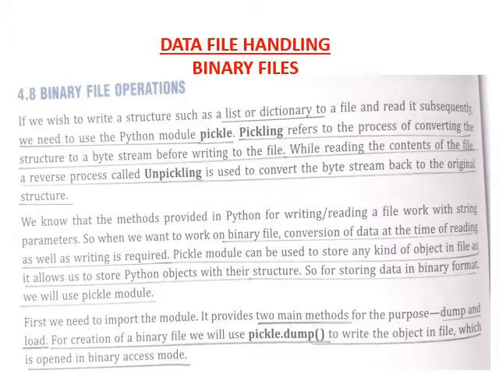For creation of binary file, we will use pickle.dump method or a function to write object in a file, which is opened in binary access mode. That means if I want to create a binary file, I want to write data onto it, I would be importing pickle module and using dump method or a dump function to do so.